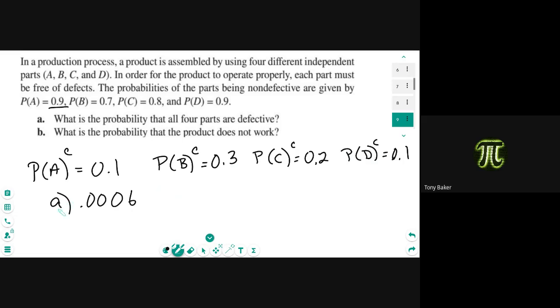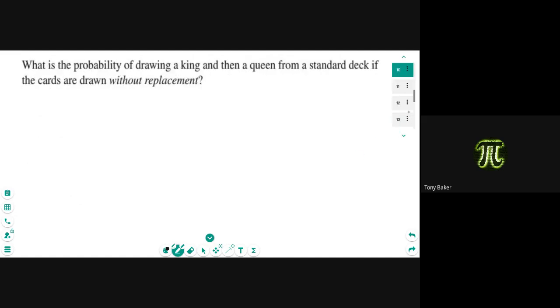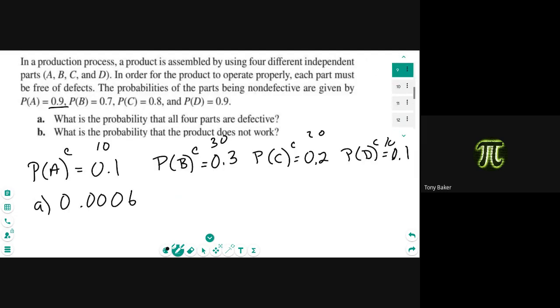Okay. What I was about to say, because I heard people saying it: if you took those as 10, 30, 20, and 10, and multiplied those, you do not get the same answer.